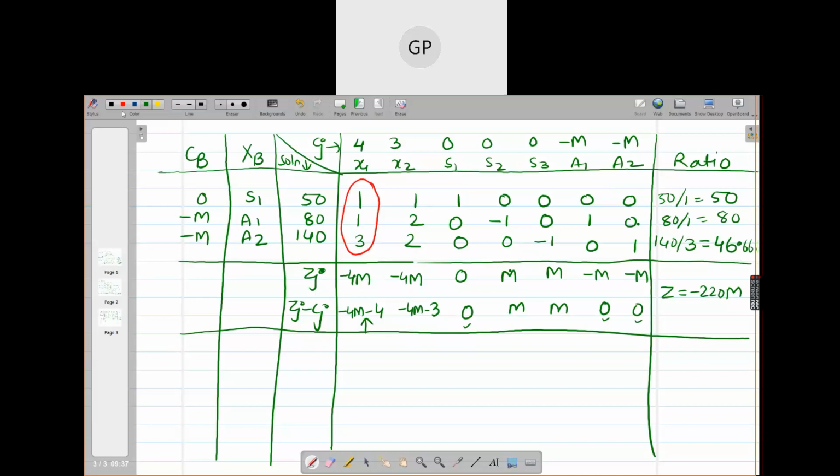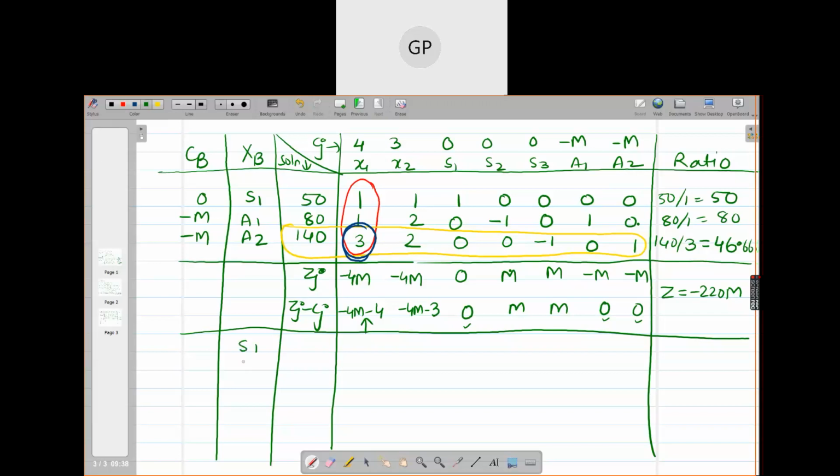So which one is the minimum ratio? 46.6. Yes. And so you can mark that as your pivot row, and thus this 3 is your pivot element. Okay? So A2 will be replaced by X1 in the next table.